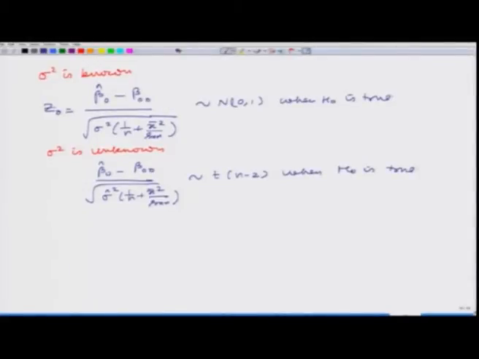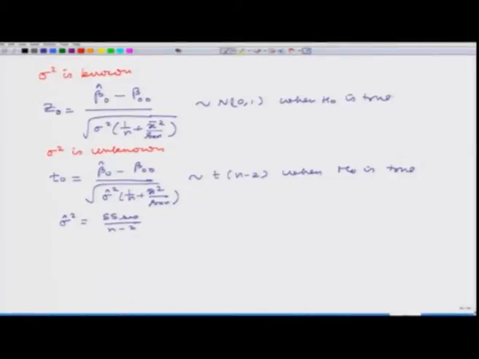Let us denote this quantity as T naught, right. Here we estimate sigma square hat again by SS res divided by n minus 2, right.